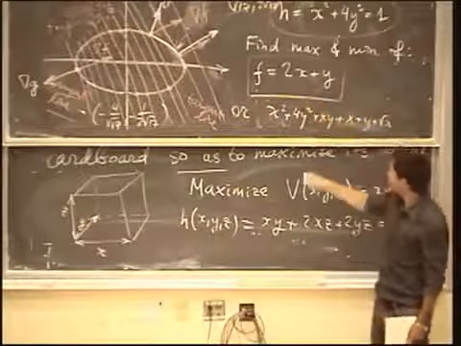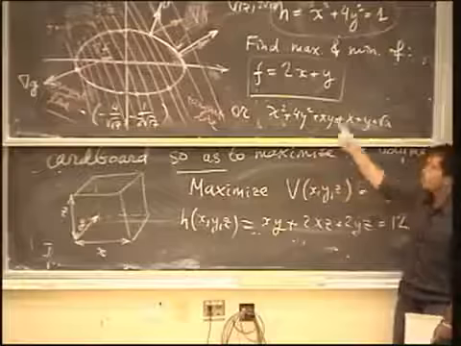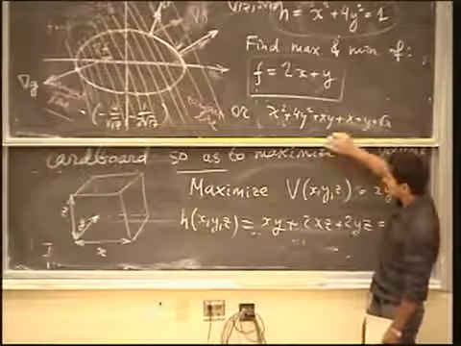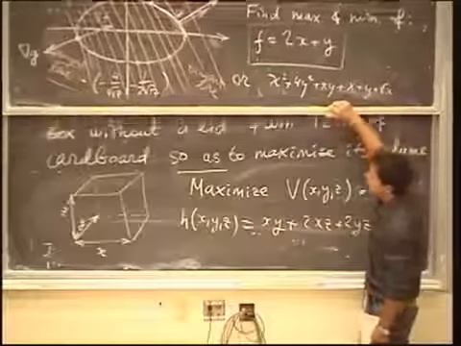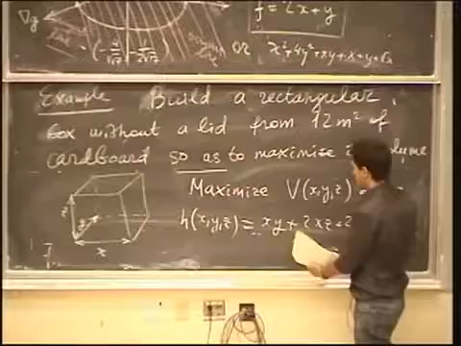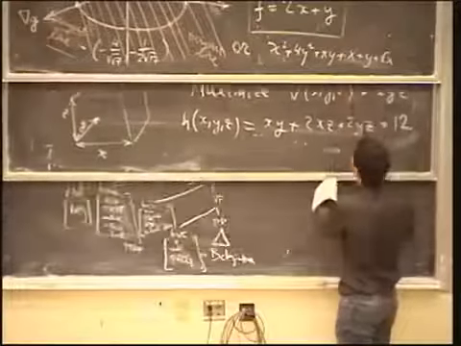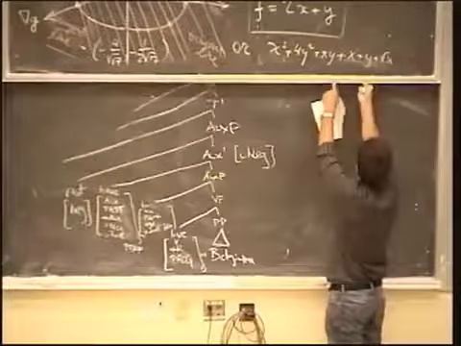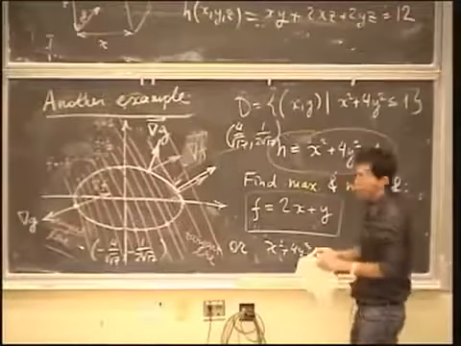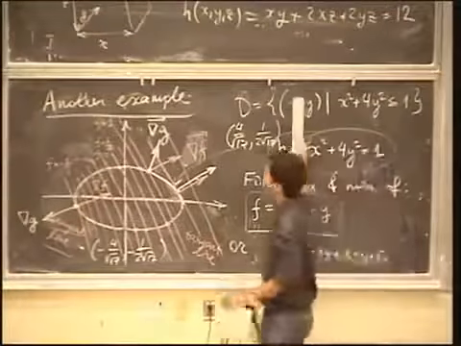Now, the role of f is played by this function V, and the role of h is played by this function h in 3 variables. But we will approach this problem in exactly the same way. Namely, we will apply the Lagrange method.